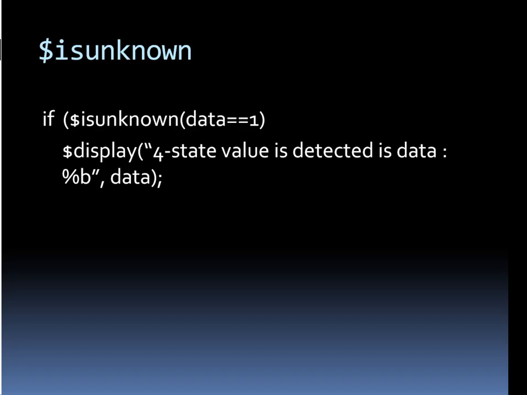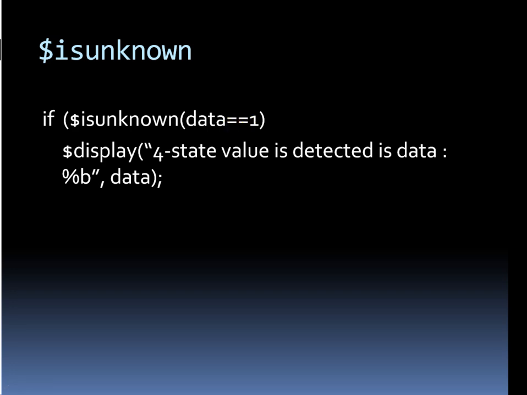What happens if you use the $isunknown operator? What happens if the value of the data is equal to X or Z? That means it is don't care or some high impedance value. Then $isunknown will show the value as 1.